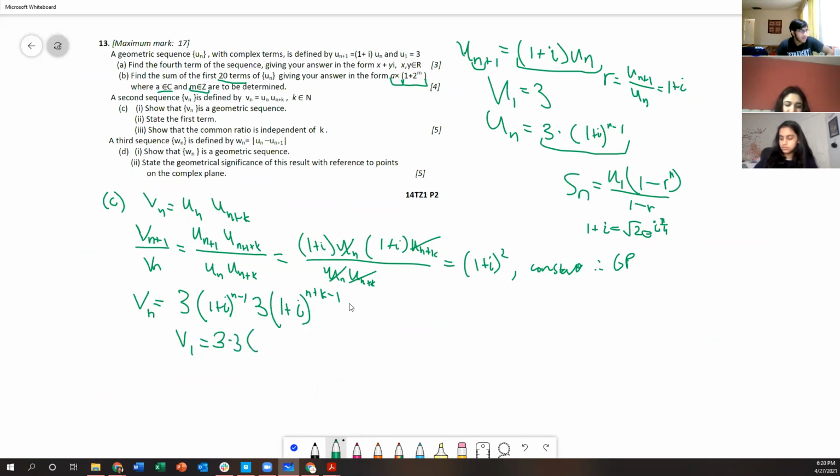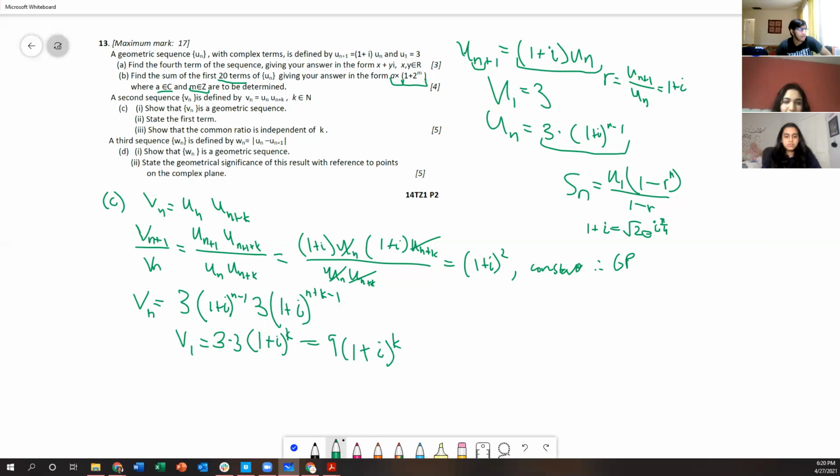If I plug in a 1 here, that just becomes a k. So I'll get 1 plus i to the k. So then I get 9 times 1 plus i to the k. And I think that's the best we can leave our answer because we don't know what k is. K is just an element of the set of natural numbers. Does that make sense?